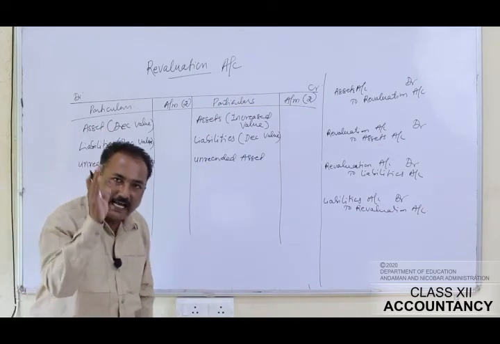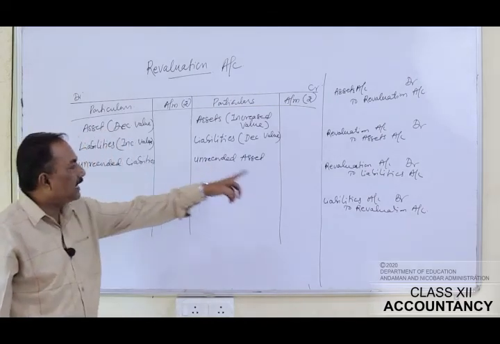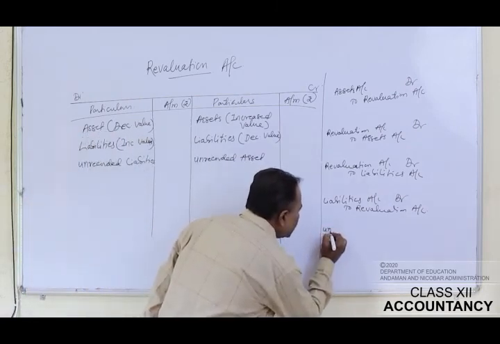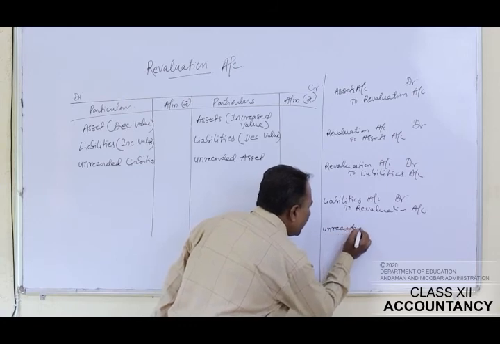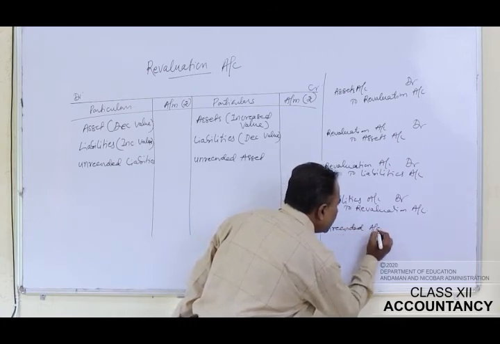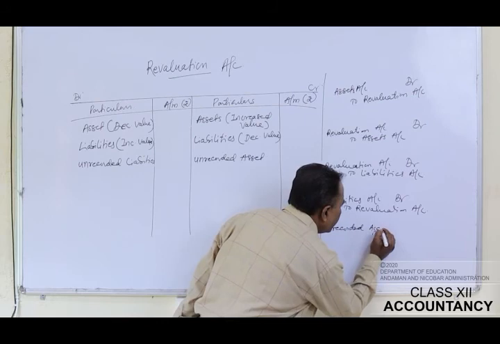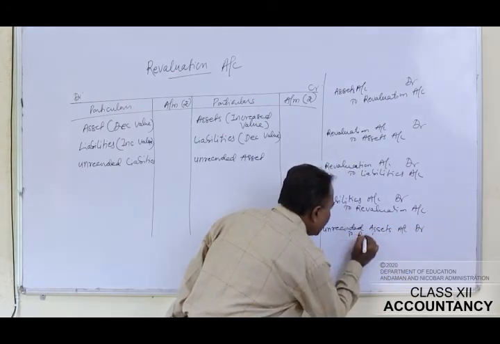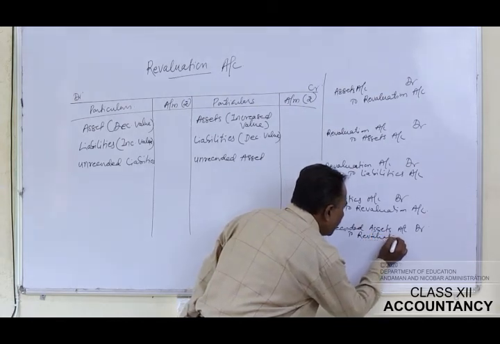If there is any unrecorded asset, then the journal entry will be unrecorded asset account debit to revaluation account.